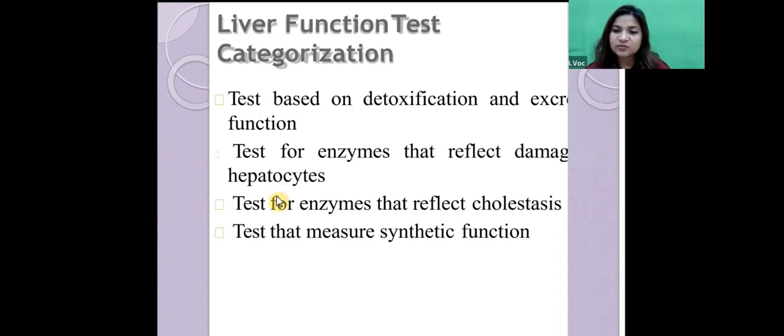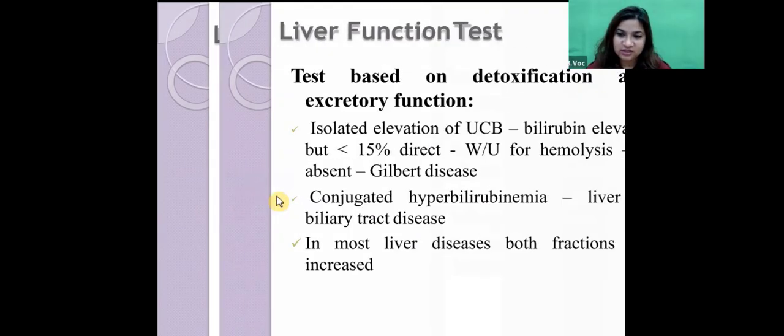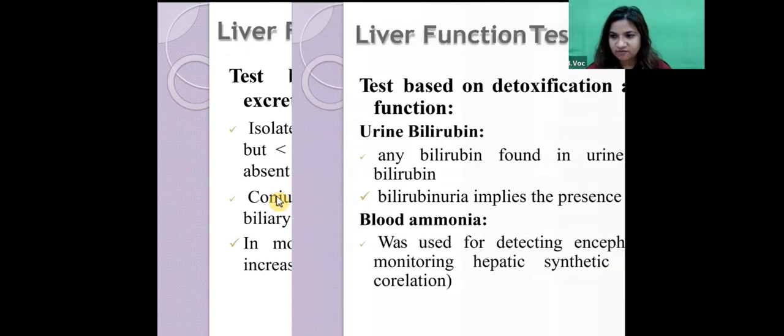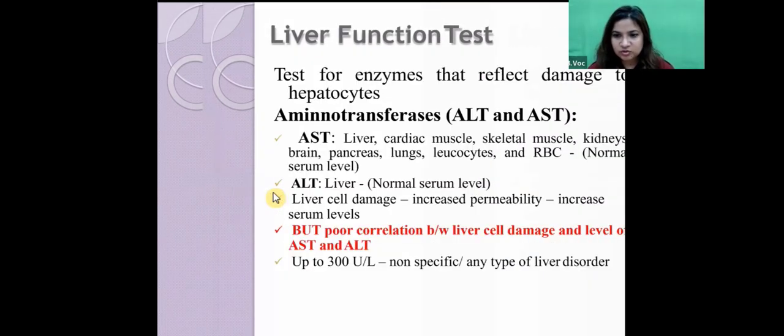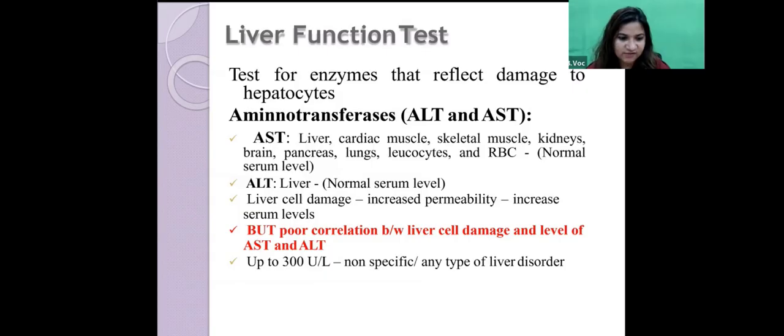Next are the tests which are based on the storage function of the liver. On the basis of storage function, glycogen estimation is performed, lipid estimation is performed, and estimation of vitamin A, D, and B12 is performed.